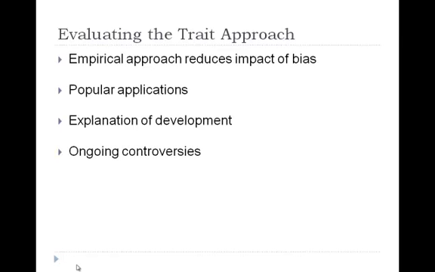And the last thing, again, somewhat of a drawback, but also maybe a strength. There's still controversy about the trait approach in terms of what are the key traits that describe personality, and can we boil it down to 3, 5, or 7 traits that describe personality comprehensively in a way that's meaningful and useful?